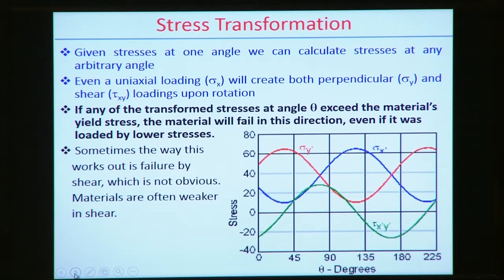This is the variation of sigma y in red at different angles. Similarly, we can find the variation of sigma x and tau x'y'. Here x'y' represents the new axis system, defined by the orientation theta with respect to the initial reference x and y axes.